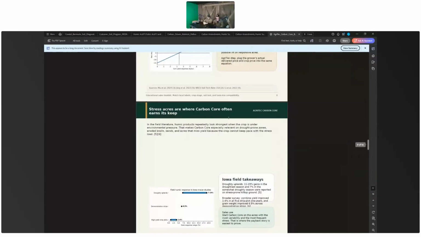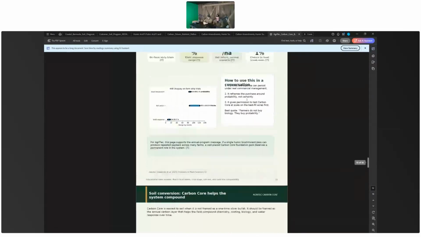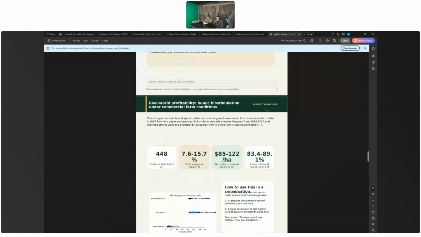This is South America with 448 trials over the course of 10 years, showing a 7.6 to 15.7% yield response, a net return of $85 to $122 per hectare. Divide that by roughly 2.5 to figure out dollars per acre. Very positive return on investment when most of the time we're spending $5 to $10 an acre on carbon per year.